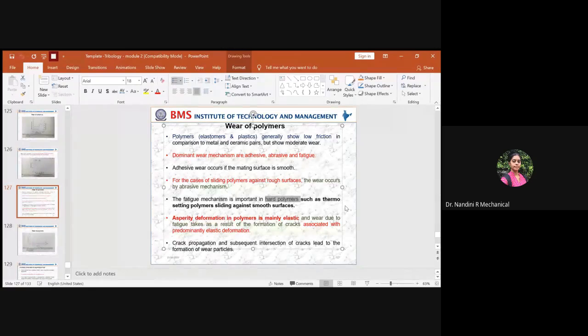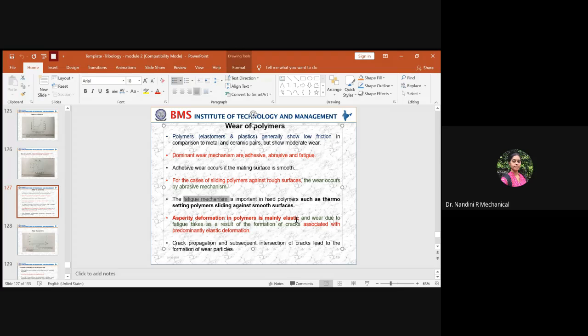So when thermosetting polymers slide against a smooth surface, the usual type of wear is the fatigue type. These are the three major types which are dominant in the case of polymers that you have to keep in mind.